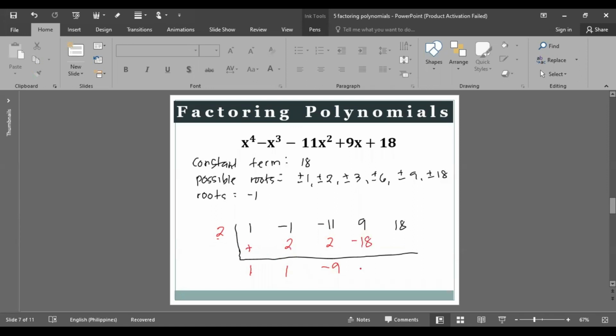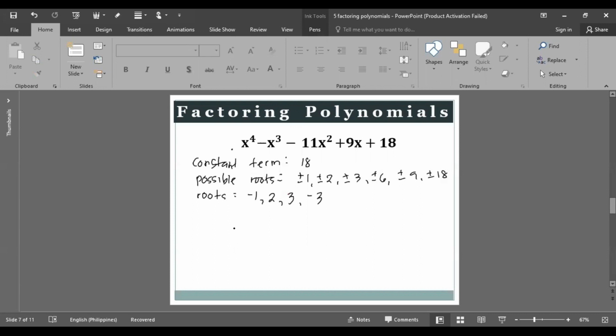Then we add these two values, and we get 0 as the remainder. Nakakuha na tayo ng dalawa. We have negative 1 and 2. So, two more roots. Same procedure, we'll get positive 3 and negative 3. So, these are now the roots of this polynomial expression.